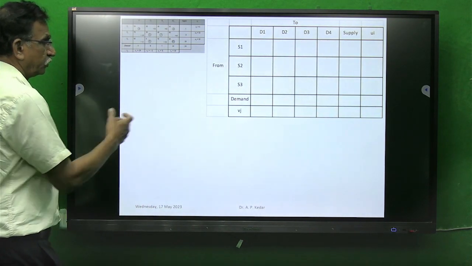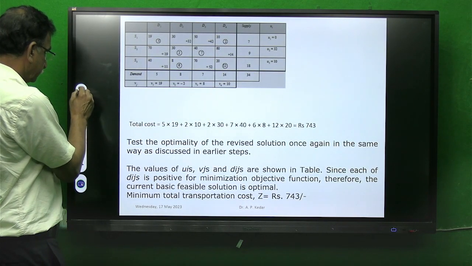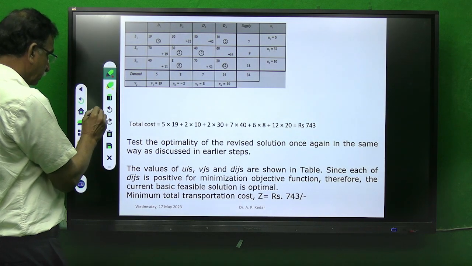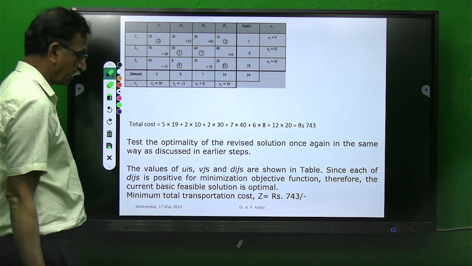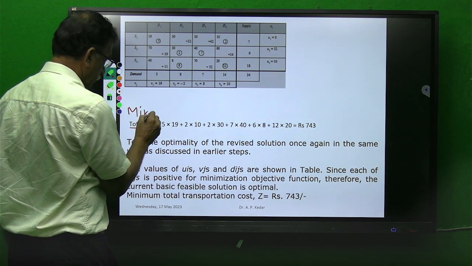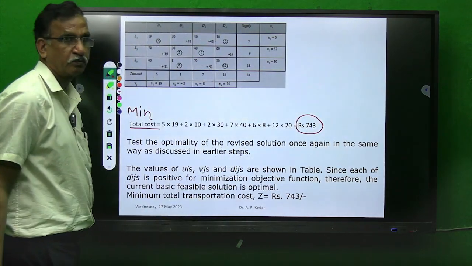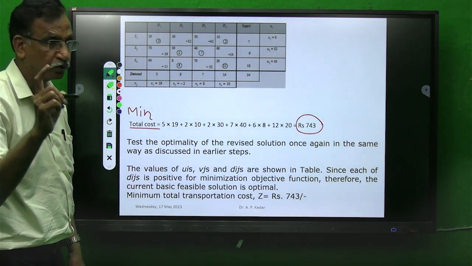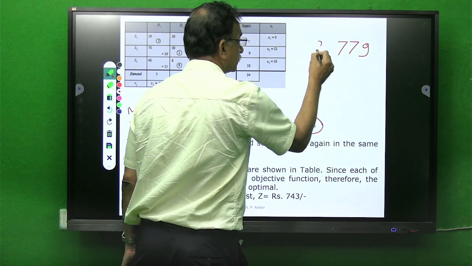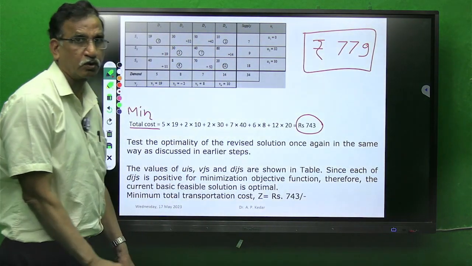Now, students, with that allocation which we have seen in the last slide, this minimum total cost comes out to be rupees 743.